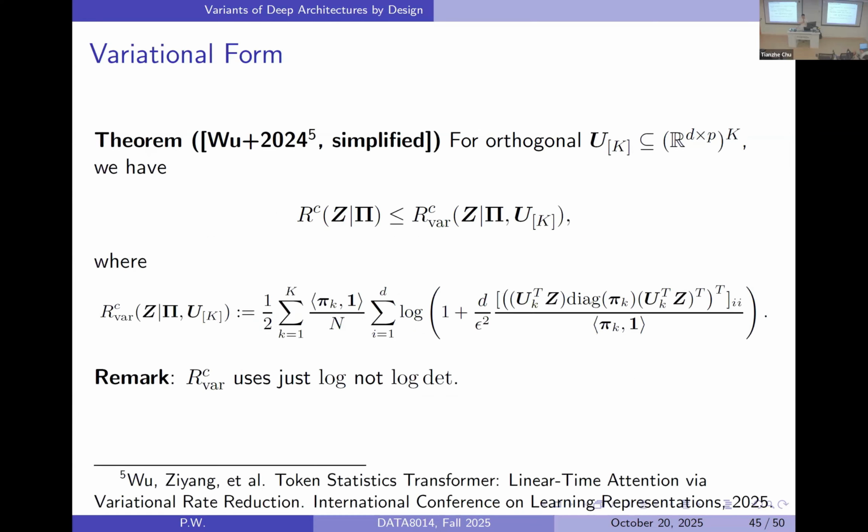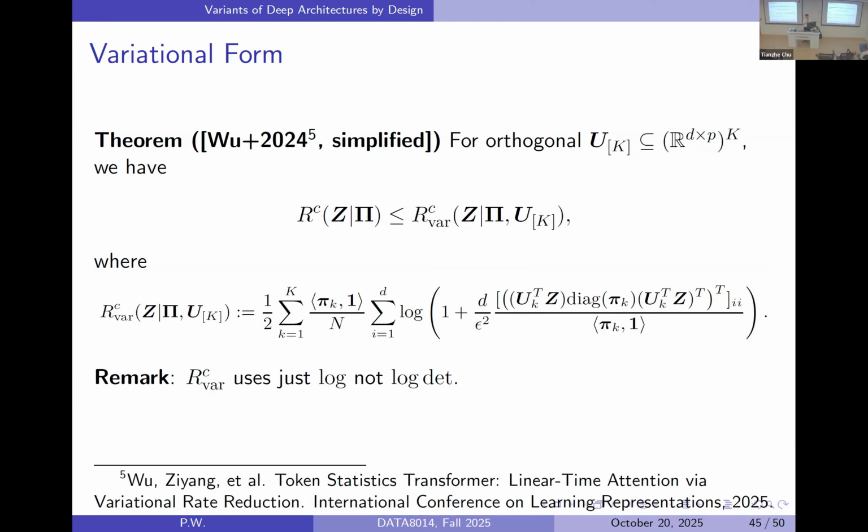So what's the difference between this variational form and the original compression term? We remove the log determinant, and we introduce a bunch of U_k to remove this determinant. This is what we call the variational form.